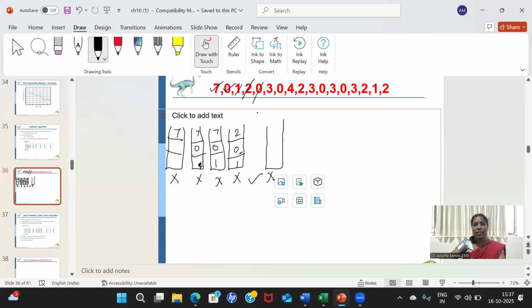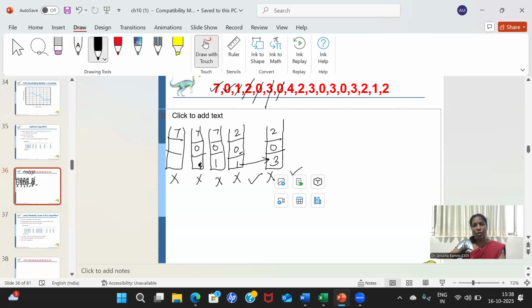Check: 0 is occurring nearer, then 2, and 1 is taking a little more time to enter the main memory. So I am replacing 1 by 3. So 3 is over. Next is 0. 0 is already there in the main memory, so it is a page hit.